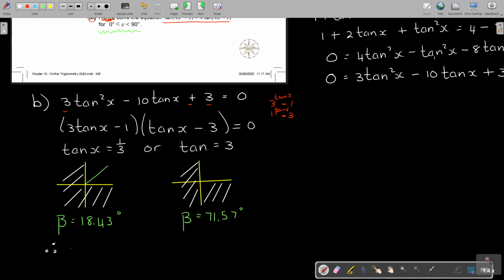It's going to be here, it's going to be here. Okay, that's the angle, but now I make 1 decimal place. So therefore, make it x. That was the angle towards the x-axis, but x is 18.4 degrees. Now 1 decimal place, and therefore x is 71.6 degrees. And that is my final answer.